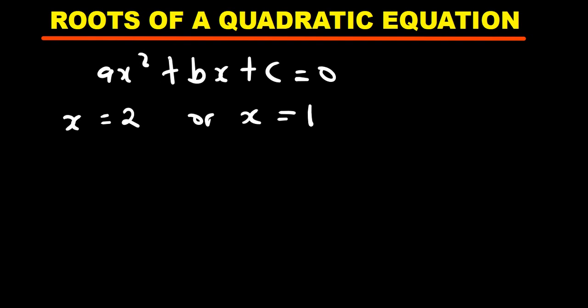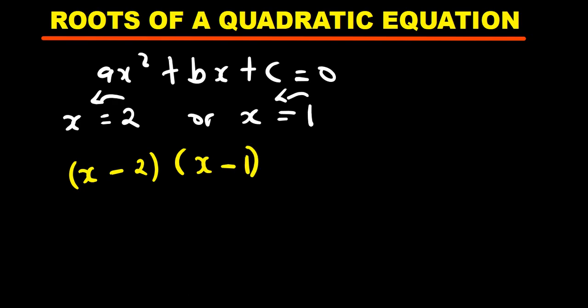We're going to take all these numbers back to where they were before we equated them to x. So x in this case would be minus 2, x would be minus 1, like that, and this whole expression is equal to 0.